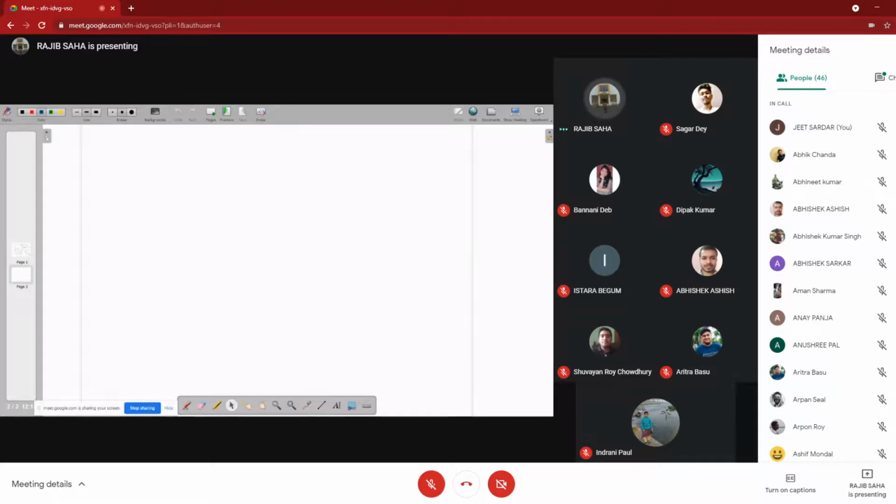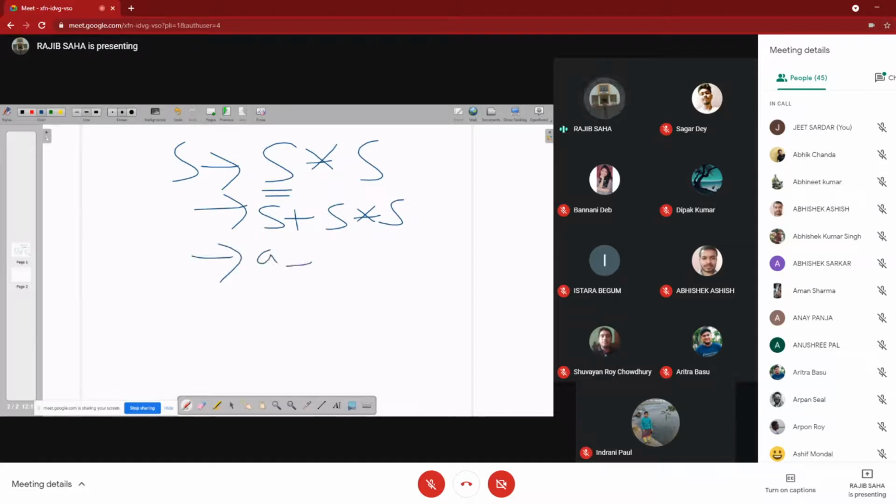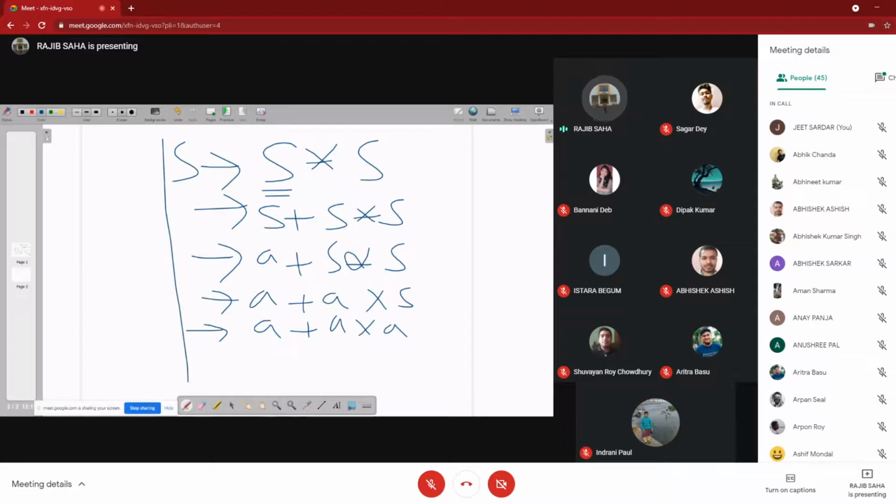And if we do leftmost derivation, let's consider we start from S tends to S into S. Then I replace this S by S plus S into S. Then in the subsequent steps, this S can be replaced by A, then this by A, and then this by A. So A plus S into S, A plus A into S, and then A plus A into A.